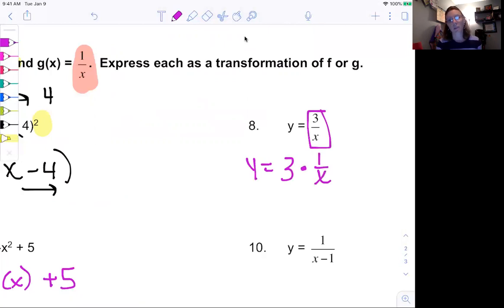Those are the same thing, whether I have the 3 in the numerator or I pull the 3 outside. I did that to help you understand that 1 over x is the g of x function. That 3 on top is really saying I'm taking 3 times the g of x function. So I would write that as 3 g of x. It's on the top, so it's affecting that whole function, taking 3 times that whole function.